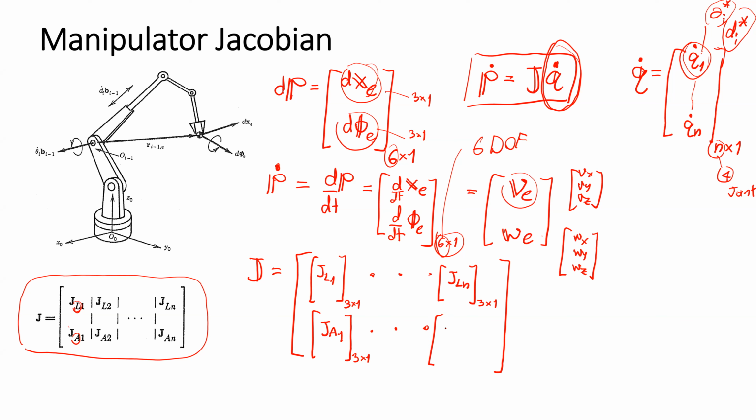For the angular position, we also need to formulate the Jacobian that relates to the n joints.